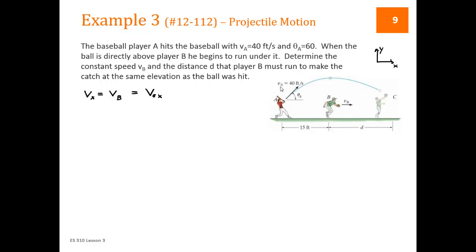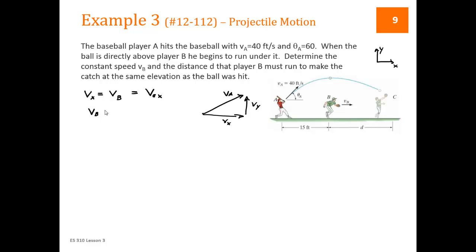The initial velocity is VA, and it's at an angle of theta. So if this is VA, it's got an x part, so this is Vx, and it's got a y part. This is Vy. So now we can write this.